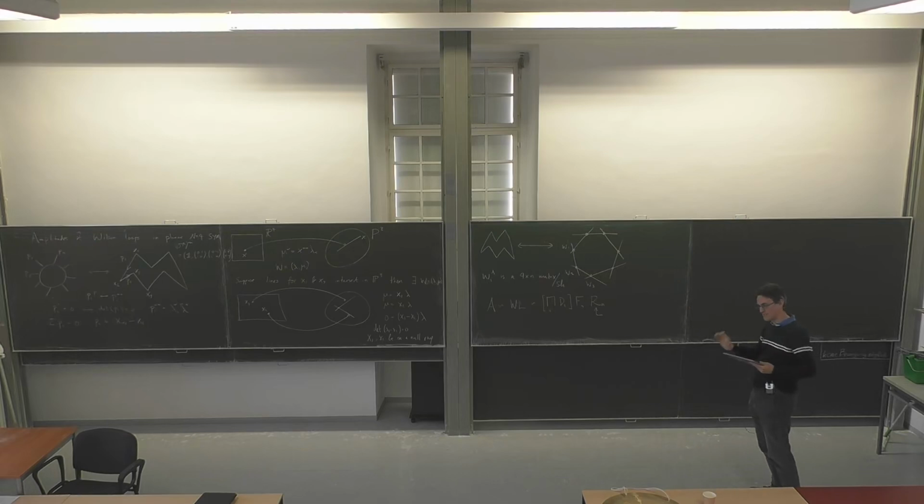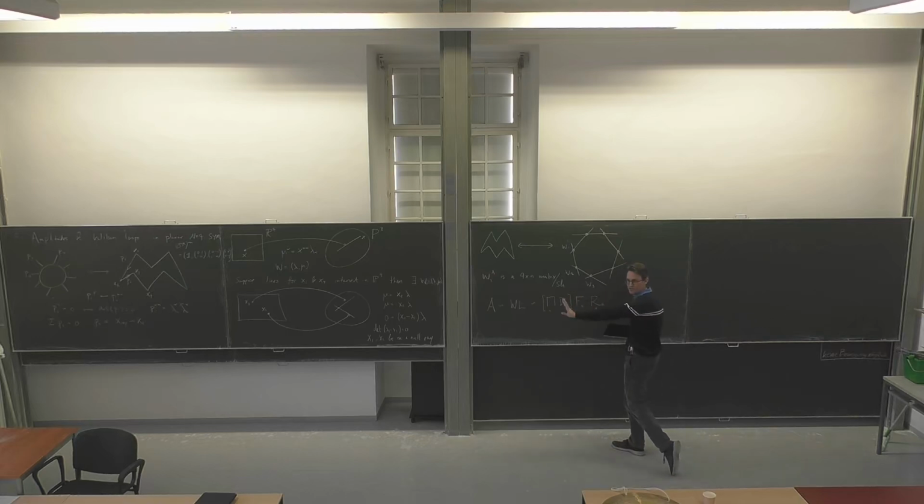So here I am just going to factor them off and ignore them for the rest of the talk. Okay. So this is the bit that is finite and dual conformally invariant.